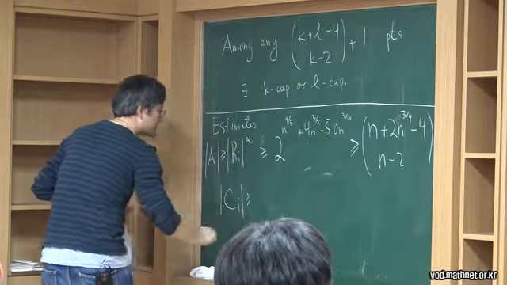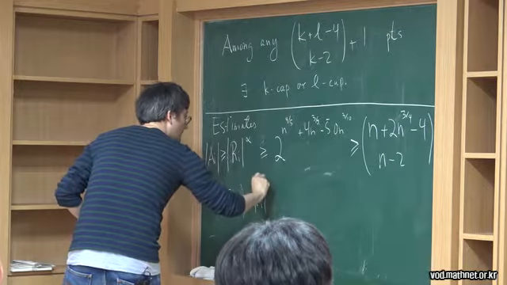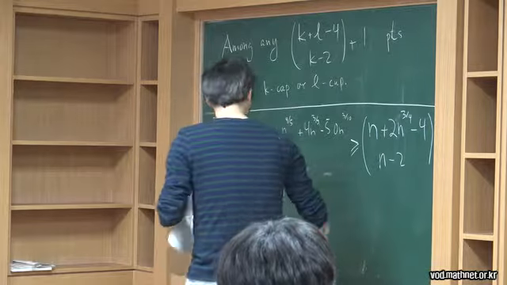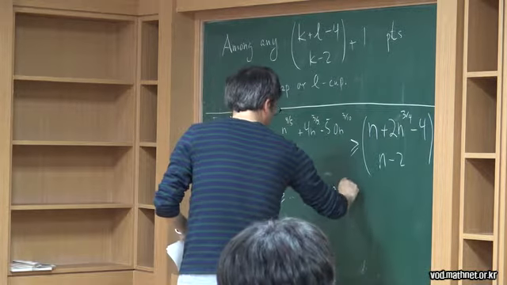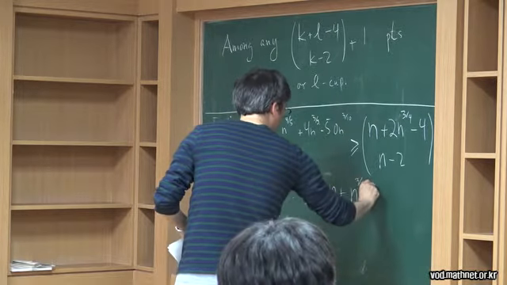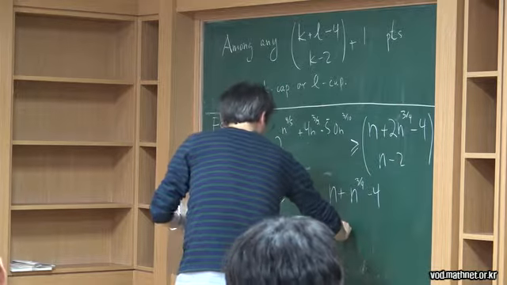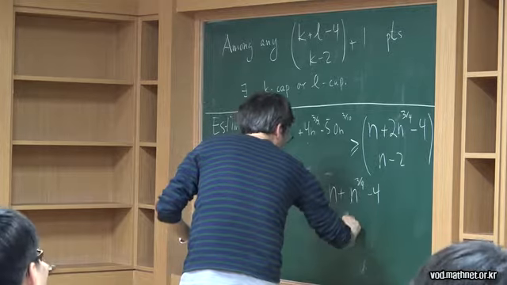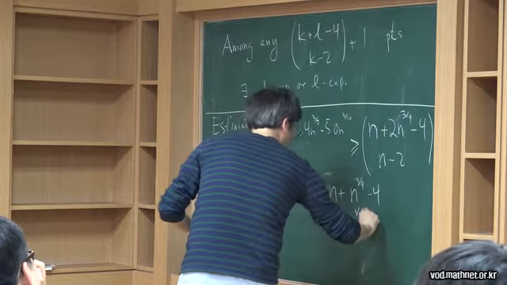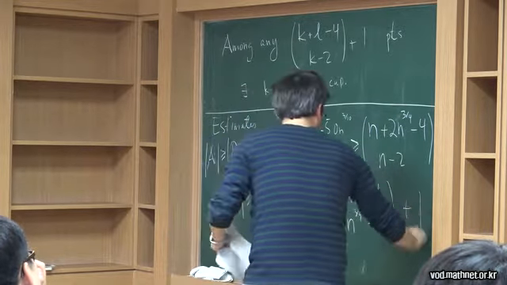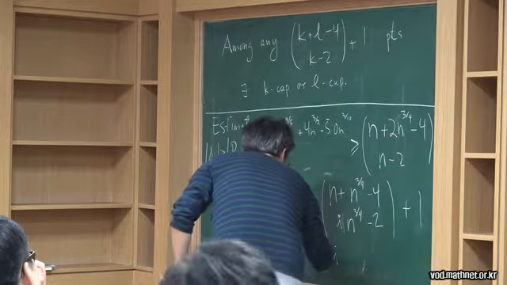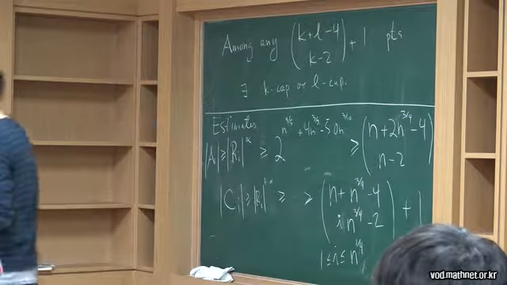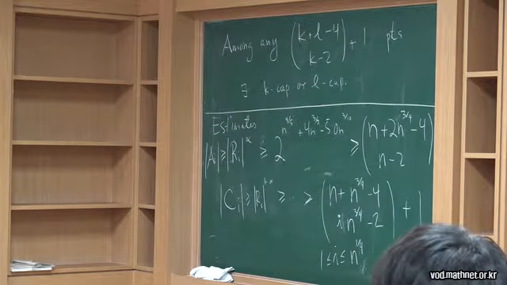Ci, which is at least size of Ri to the 1 minus alpha, n plus... Okay, so here you should use some estimates on binomial coefficients.